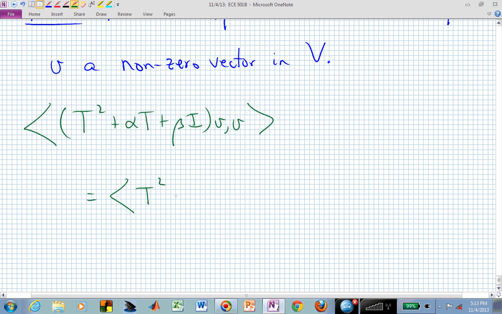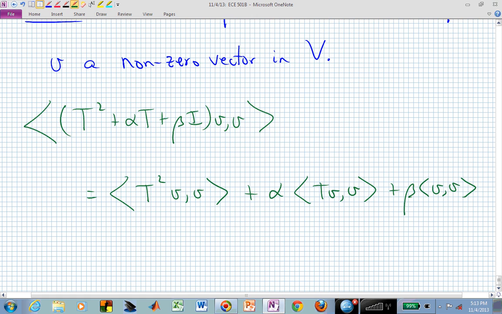We have T squared V V plus, and we can pull out the alpha and the beta from the first slot, alpha TV V plus beta V V. That's the linearity of the first slot.